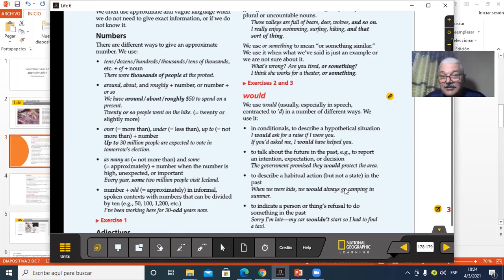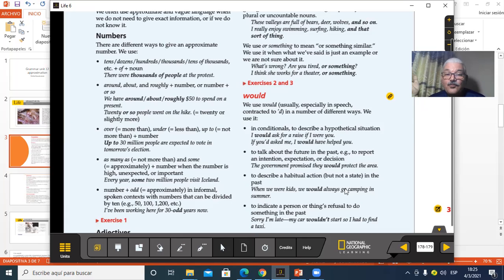Well, we can say, for instance, we have around $50 to spend on a present for our friend, okay? Or we can say we have about $50 to spend on a present for a friend. Or we have roughly $50 to spend on a present for our friend, okay?